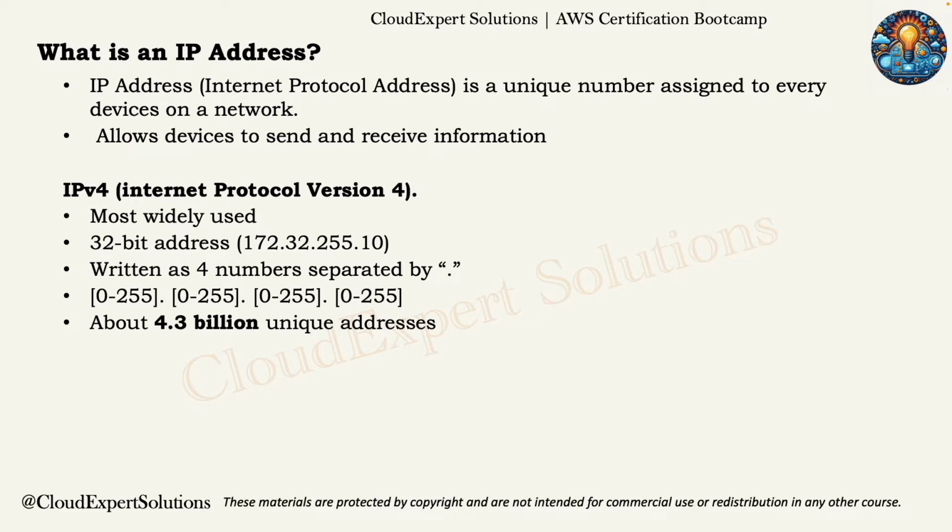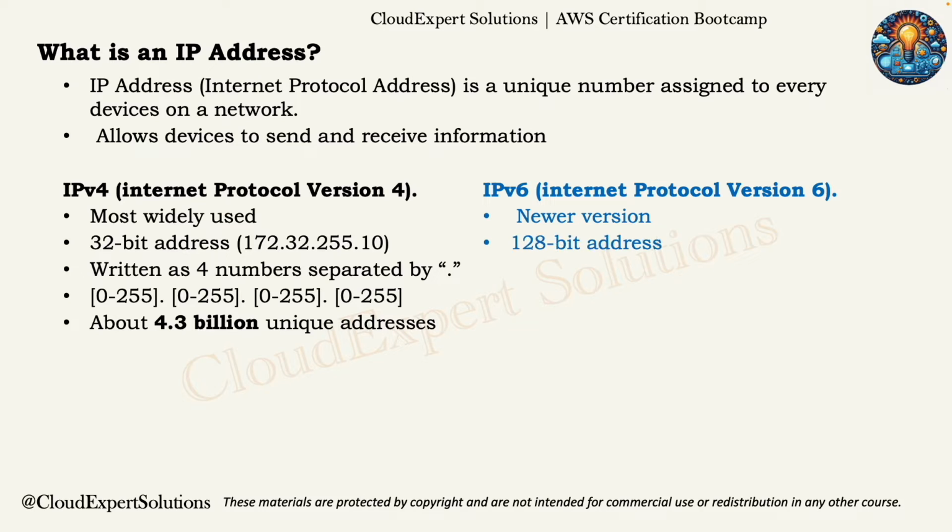Since we have only 4.3 billion unique addresses, and with the advancement of laptops, mobiles, and other networking devices, we are running out of IPv4 addresses. Then the solution is IPv6. IPv6 solves this by allowing many more addresses. IPv6 or Internet Protocol version 6 is a newer version and it has a 128-bit format.